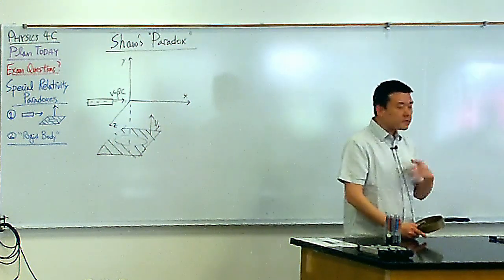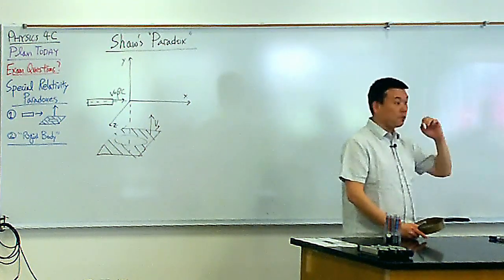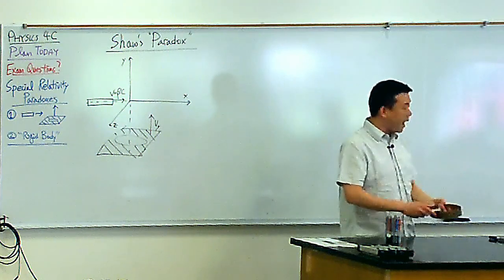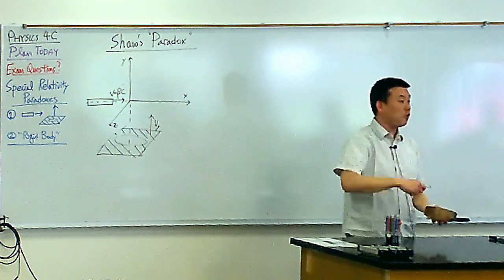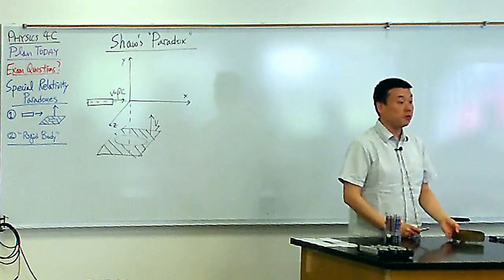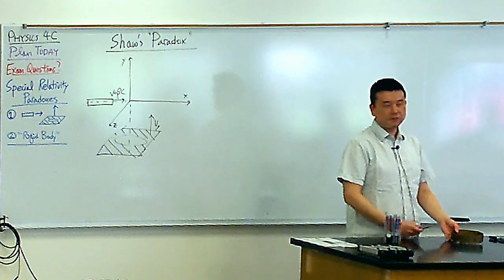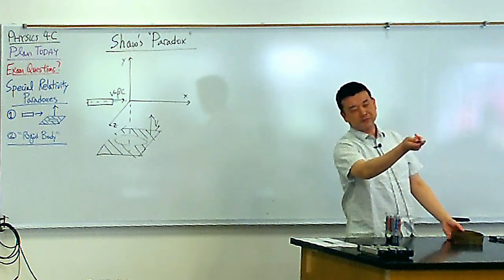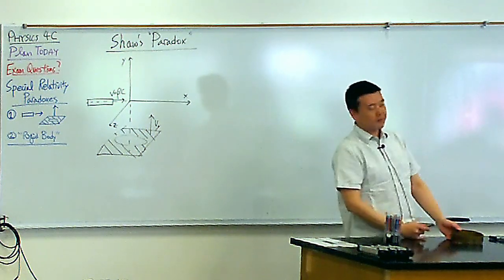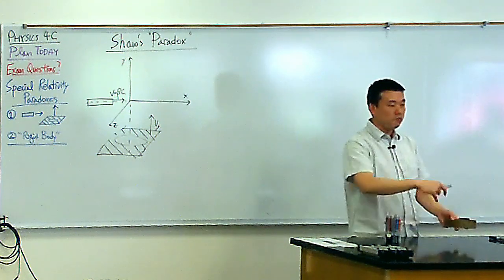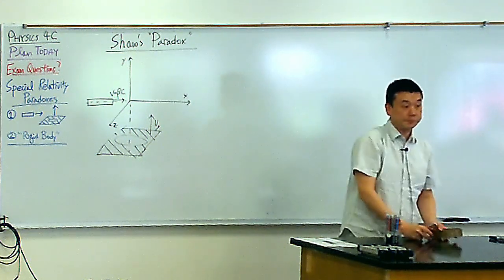All right, so let's just hear the argument. For one of the people who raised your hand, why do you think the ruler should be able to go through the hole? Ryan, did you raise your hand for that part? So why do you think the ruler was going to go through the hole?